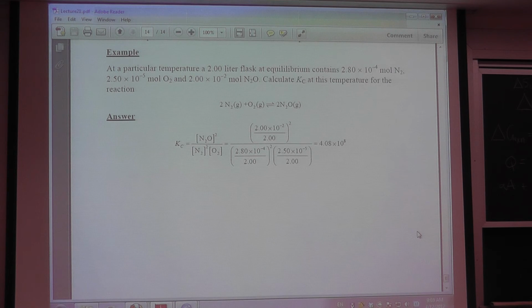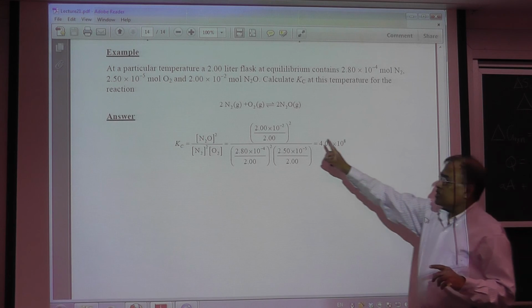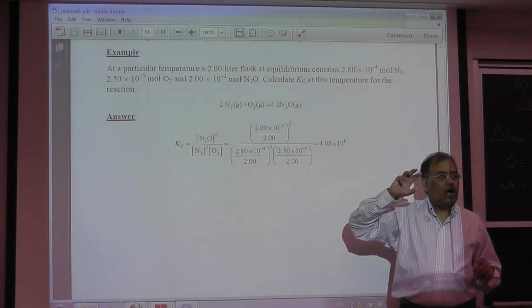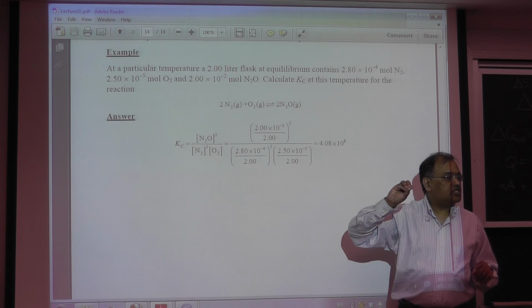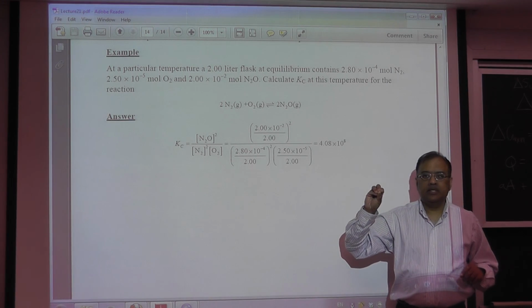Yes. When you say, because there was a 2 in front of the energy, is that what you raise it to? Right. A, B, C, D, they all go in the exponent. Yes, Rachel. Whenever you calculate K sub C, should you always just consider it to be in molarity? Yes. And you also note the fact that really you are dividing all the concentrations by 1 mole per liter.